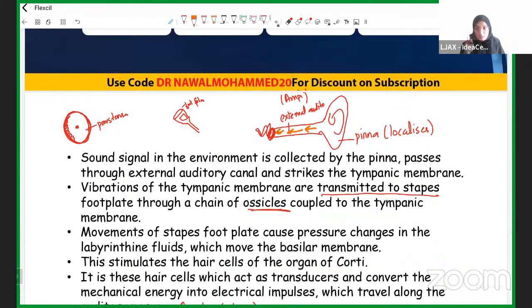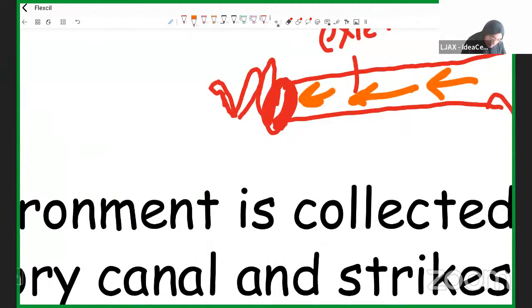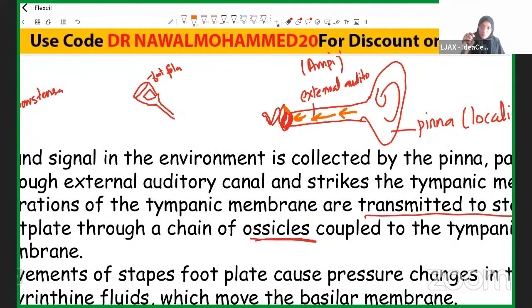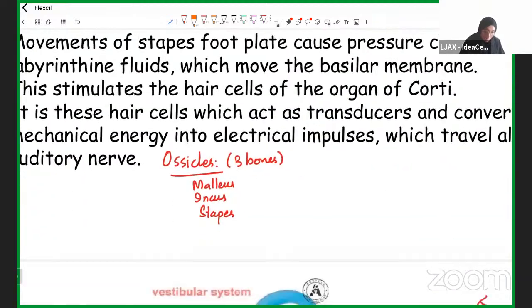We studied this already in the anatomy of the middle ear, that we have an oval window in the middle ear, so it will be somewhere here. The sound waves enter the external auditory meatus, hit the tympanic membrane, and through the oval window, hit the cochlea.